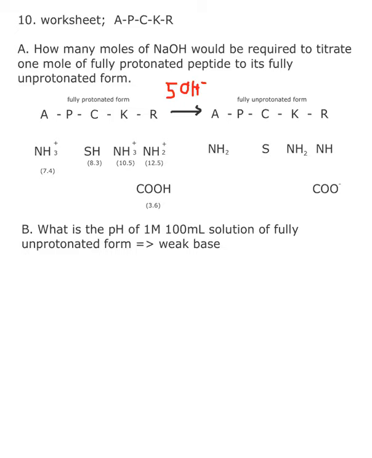Keep in mind that the pKa values of the N terminus and C terminus of an oligopeptide are different from those of a single amino acid. For a single amino acid, the N terminus would be 9.6 and the C terminus would be 2.1, but that doesn't apply to the oligopeptide pKa values. So make sure that you know about this difference.